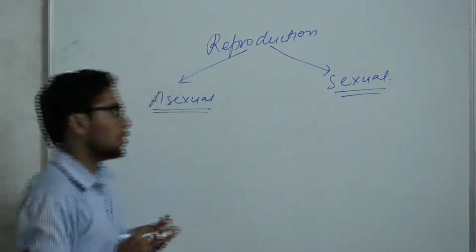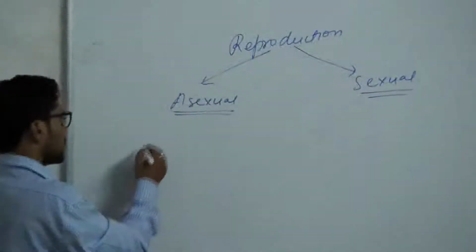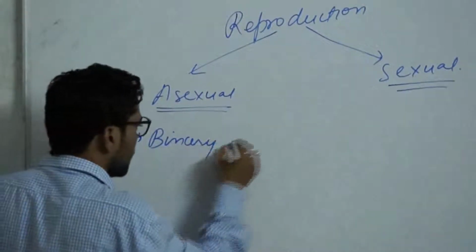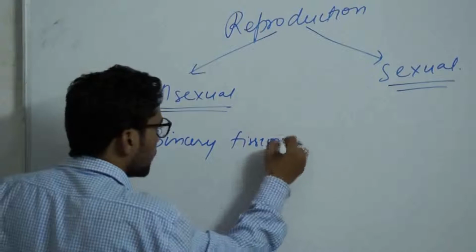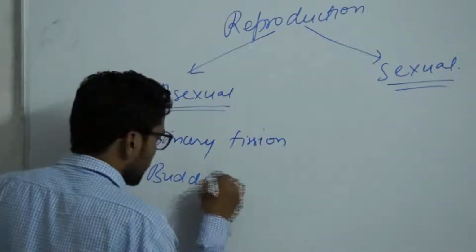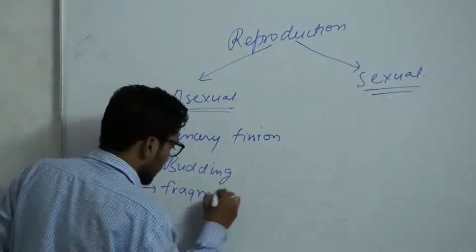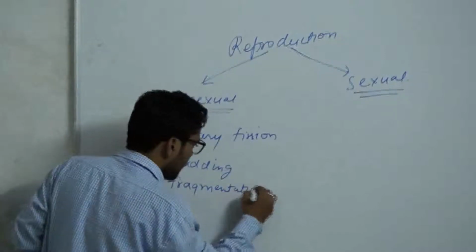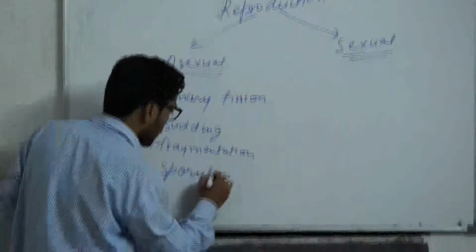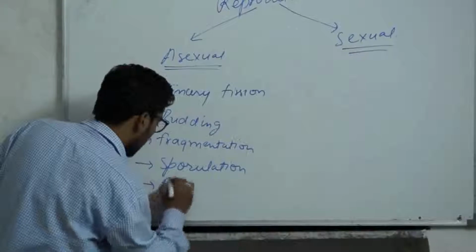Right, students? So, what are the types of asexual reproduction? We will talk about that. First is binary fission. Second is budding. Third is fragmentation. Fourth is sporulation. Fifth is regeneration.